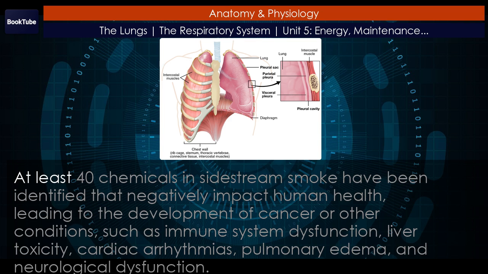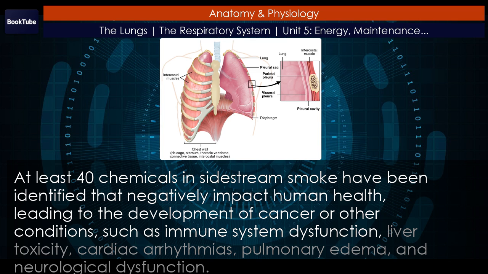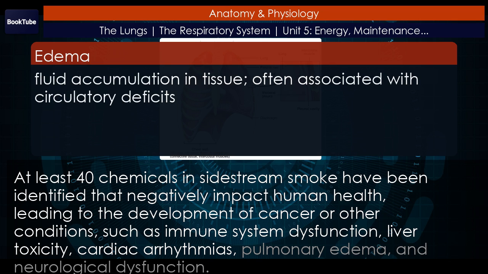At least 40 chemicals in sidestream smoke have been identified that negatively impact human health, leading to the development of cancer or other conditions, such as immune system dysfunction, liver toxicity, cardiac arrhythmias, pulmonary edema, and neurological dysfunction.